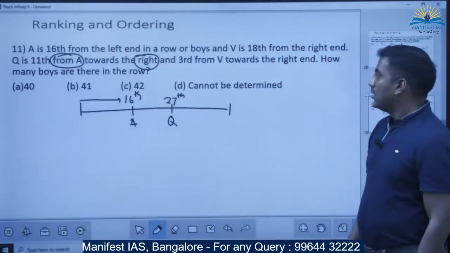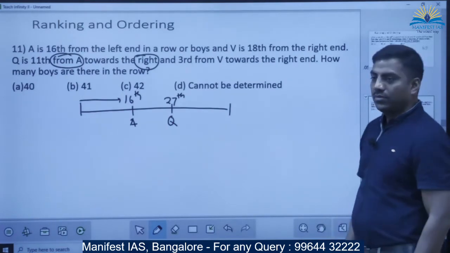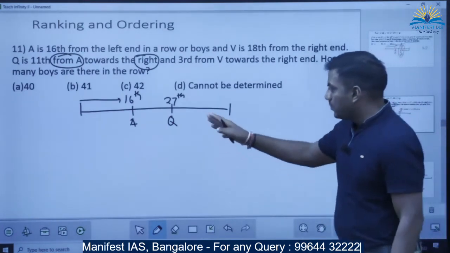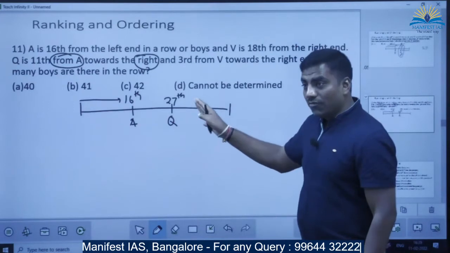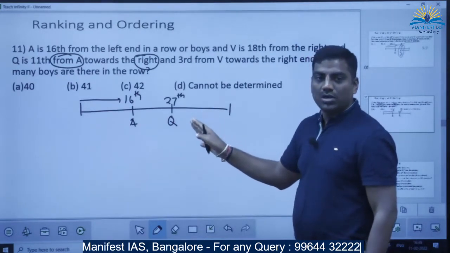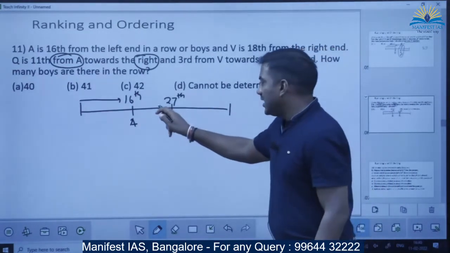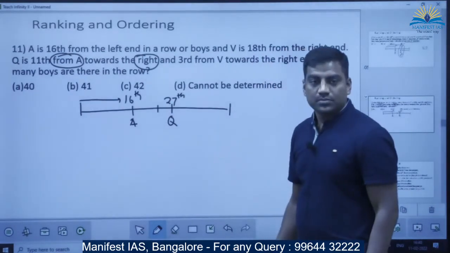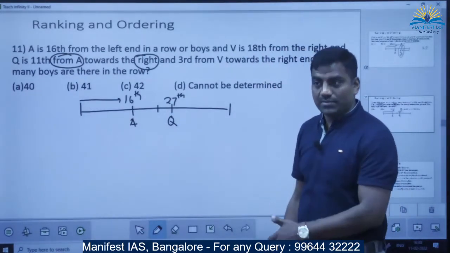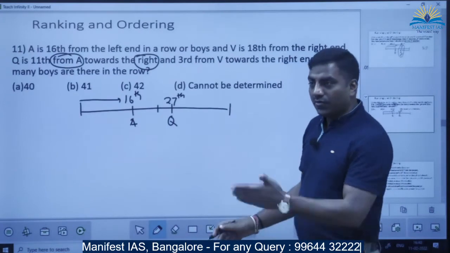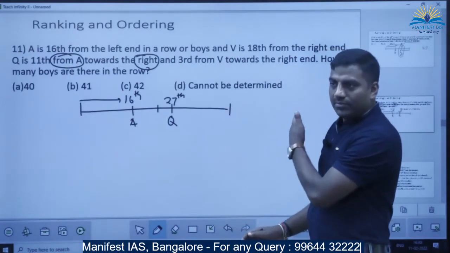And third from V towards right. Again, this person Q is third from V. So V is here. Third from V towards right.